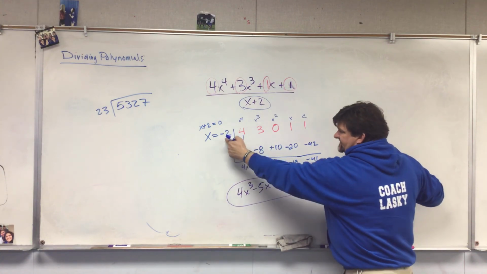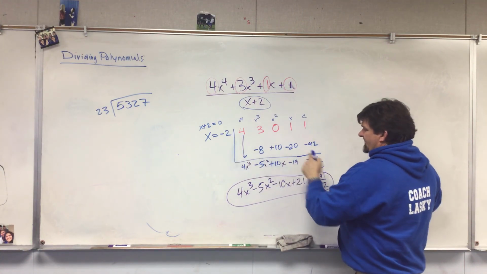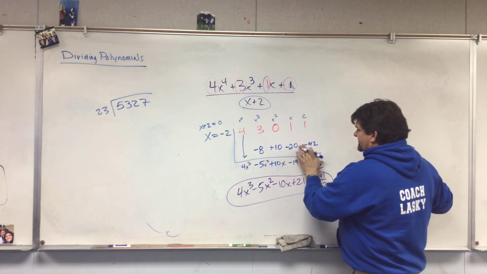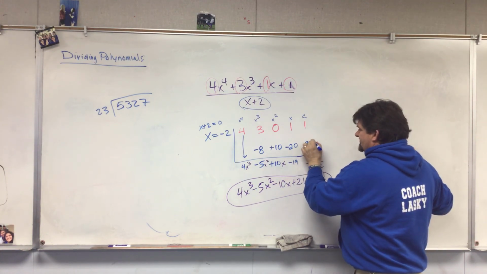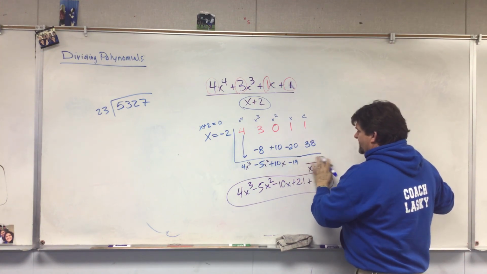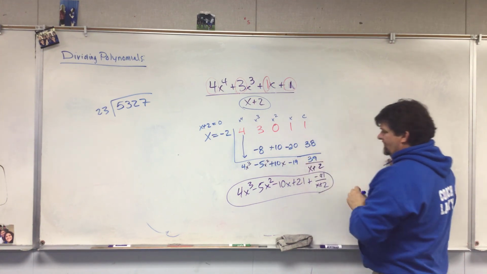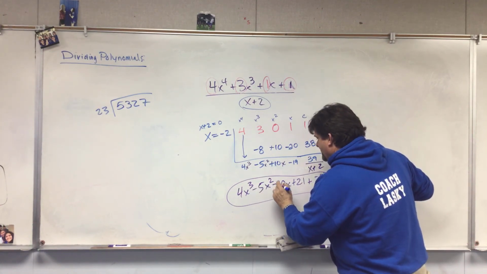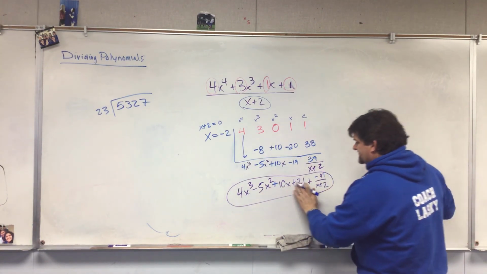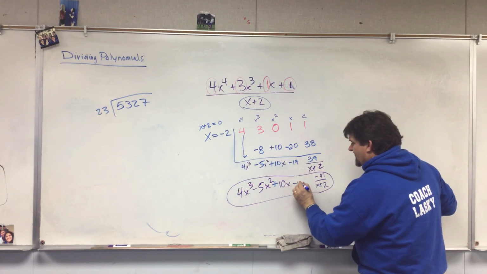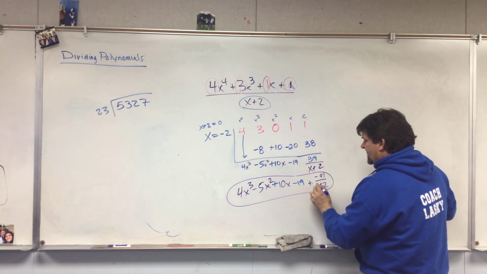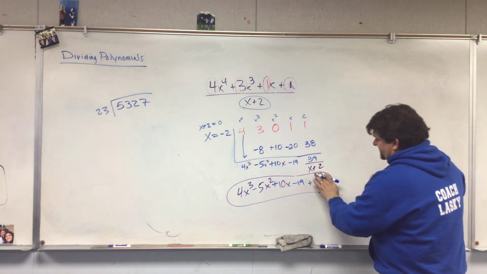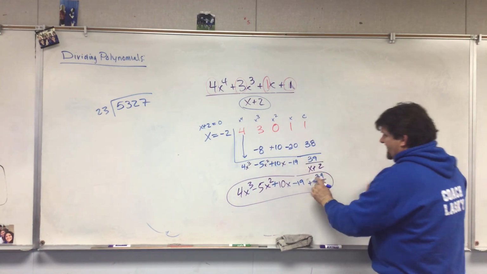Yeah, because 2 times that is negative 20. That's negative 19. This is a positive 38. This is a positive 39. There we go. So that changes this to negative 5, positive 10x, minus 19, plus 39. So just like everybody else, got to make math mistakes.